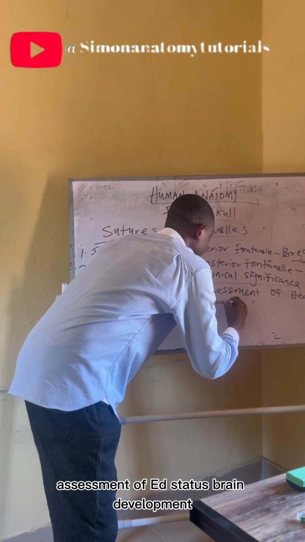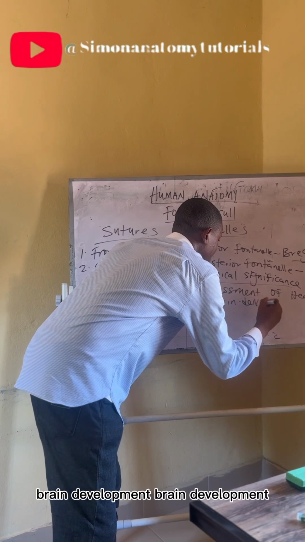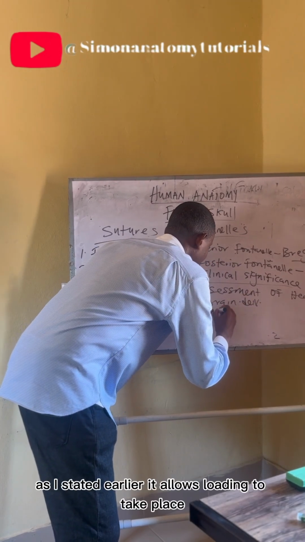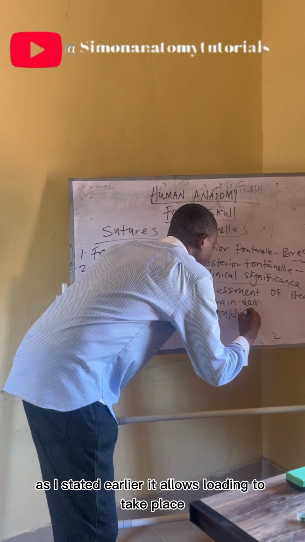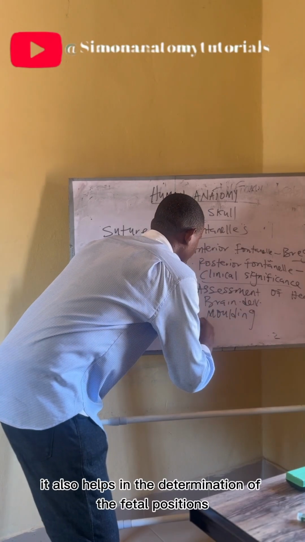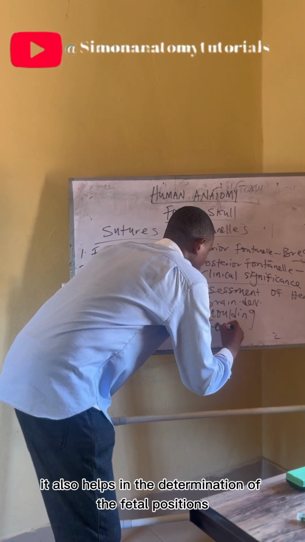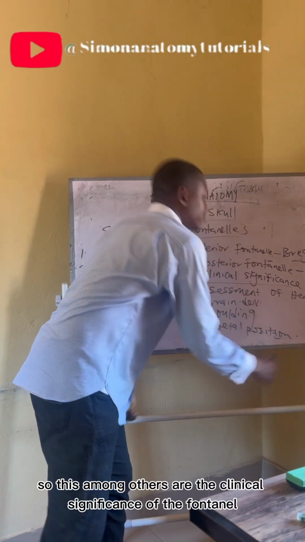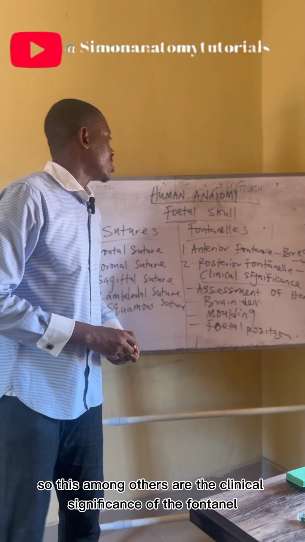Brain development. As I stated earlier, it allows molding to take place. It also helps in the determination of the fetal positions. So these, among others, are the clinical significance of the fontanelle.